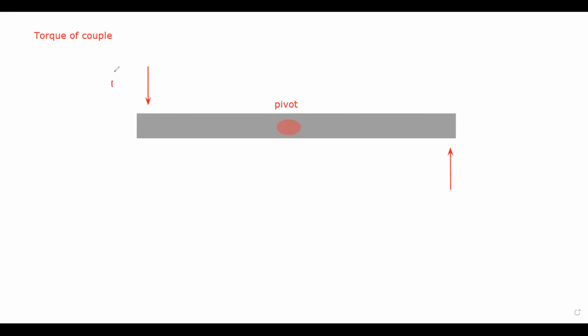So if I say this is force F and the distance from the pivot is R1, and this is also force F, the same force F, and the distance is R2. This is causing an anti-clockwise moment. This is also causing an anti-clockwise moment. The total length of the object, or the distance between the forces, is D. So D is actually the sum of R1 and R2.